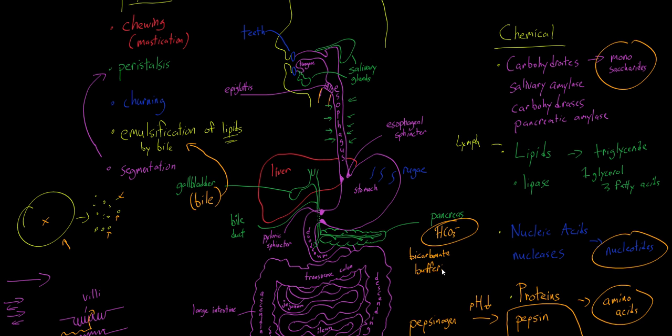And so bicarbonate will buffer the pH to around 8. So we can expect that the pH in the mouth is about 7, and it stays 7 down to the stomach, where it's between 1 and 2, very acidic. And then as soon as we get into the duodenum, a pH of around 8, and that will continue the whole way through until the end, a pH of around 7 or 8 at the end.